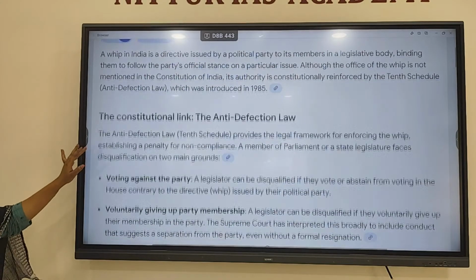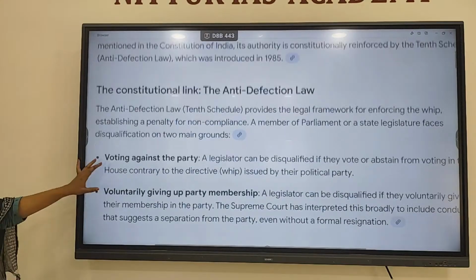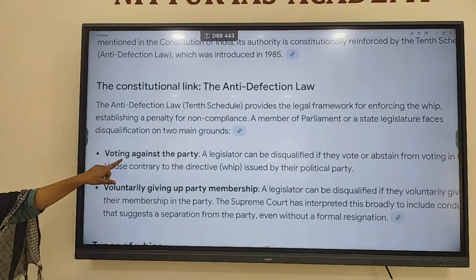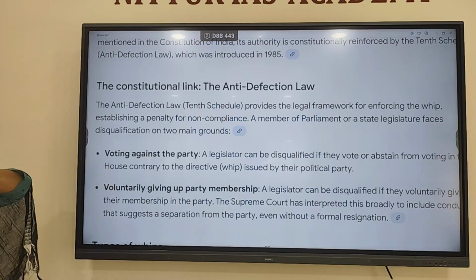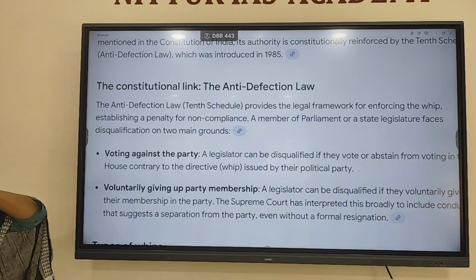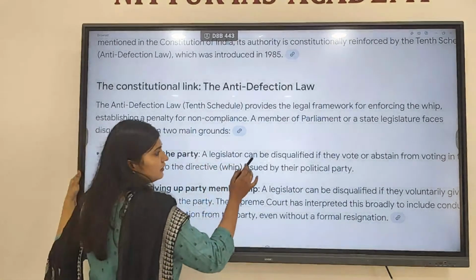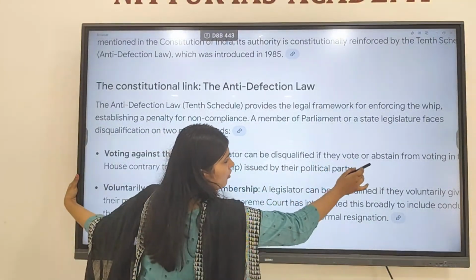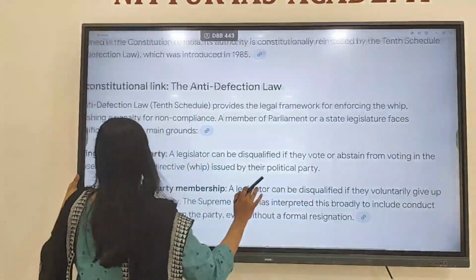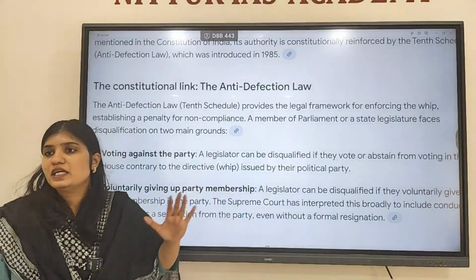Concentrate here. A whip is issued when that person is voting for the opposite party, that is, if they do not act according to the instruction given by the political party. A legislator can be disqualified if they vote or abstain from voting in the house contrary to the directive whip issued by the political party.